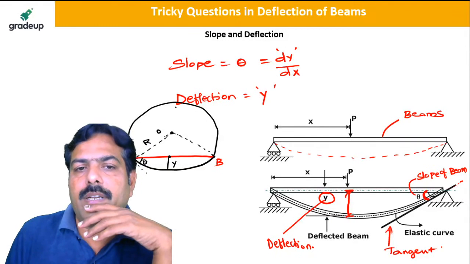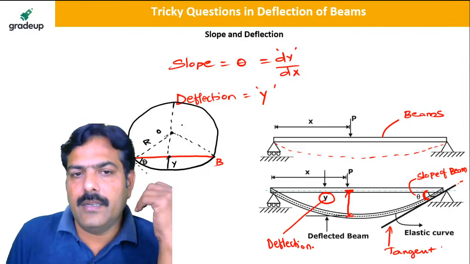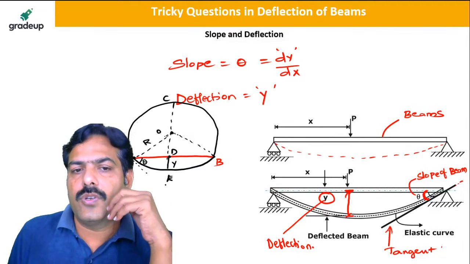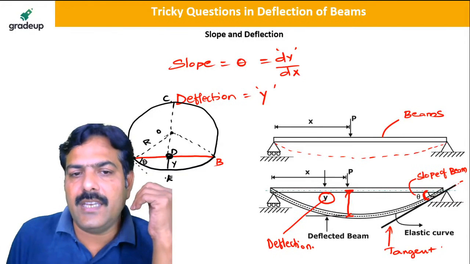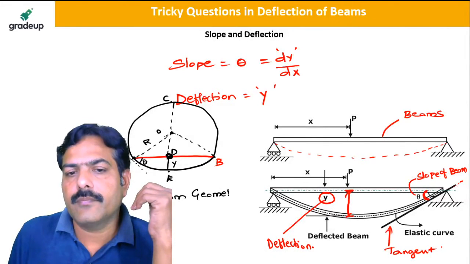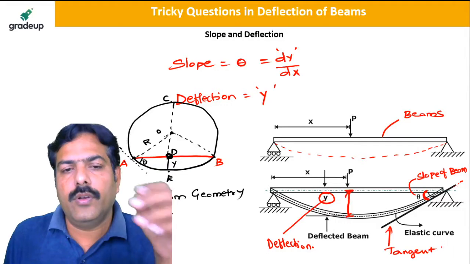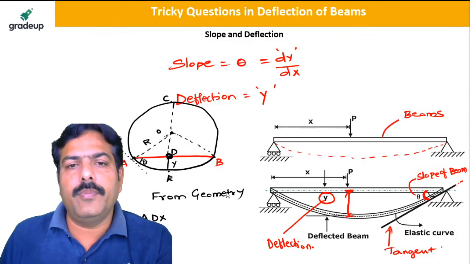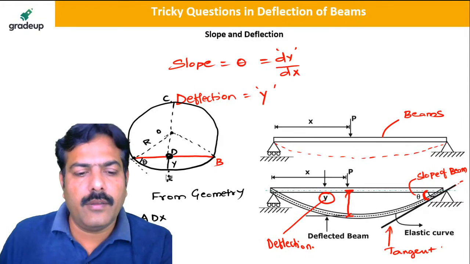And from the circle geometry, this is A, B, and let these be C, D and E, my dear friends. You see that this point D will divide AB and CE in equal proportion. So from geometry, I will change the names here.